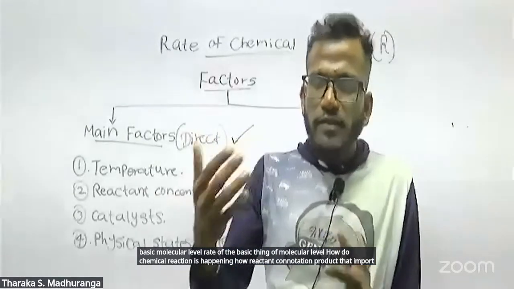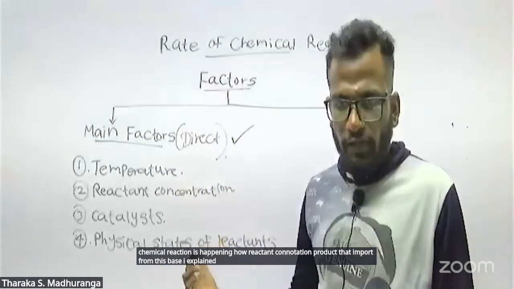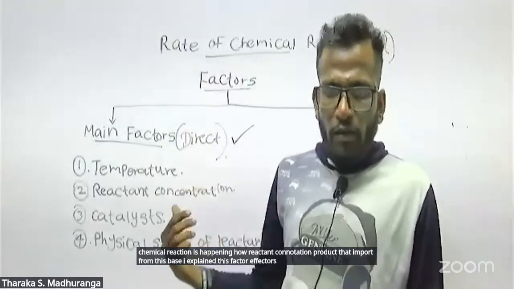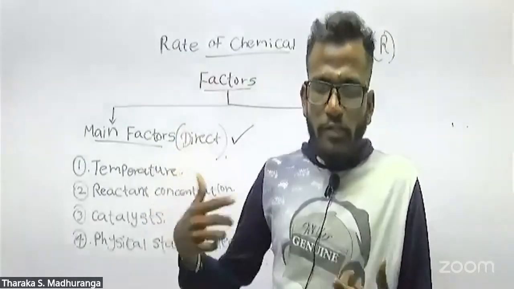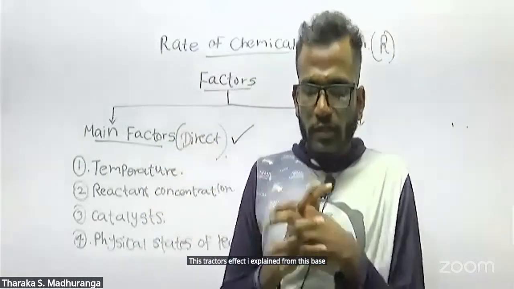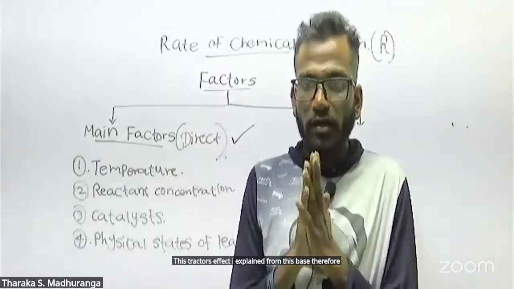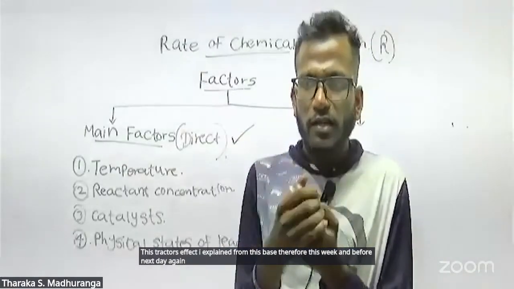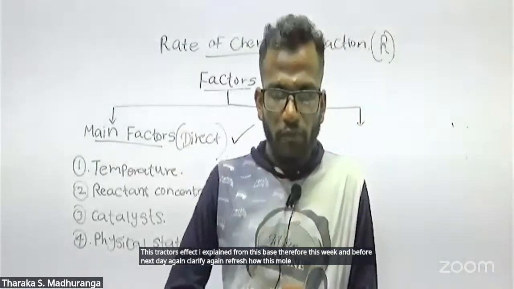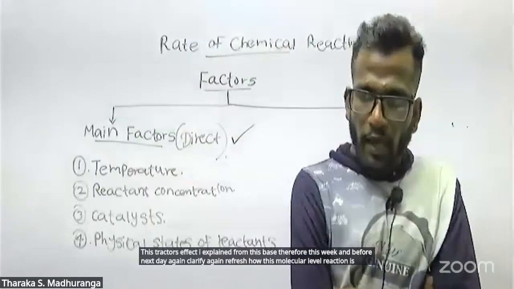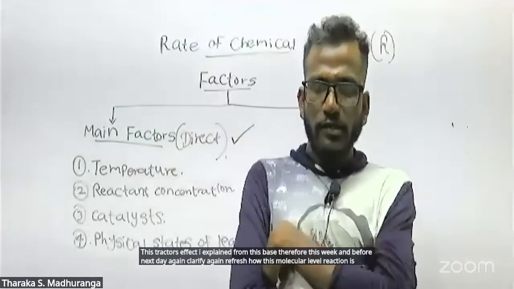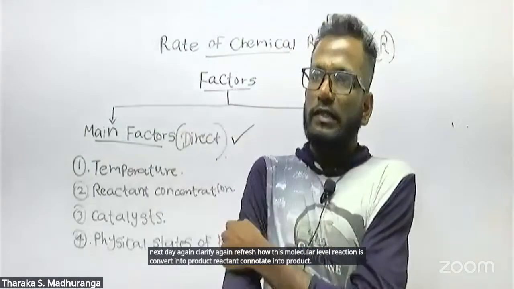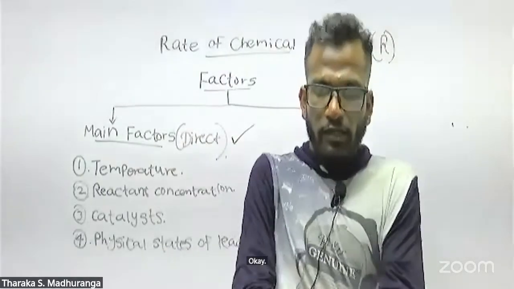From this base, I will explain these factors. So this week before next day, refresh how the reaction converts reactants to products at the molecular level. Okay, that's all for today.